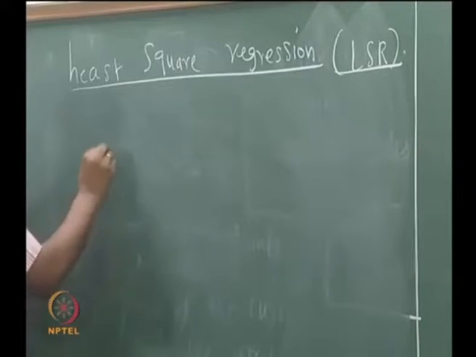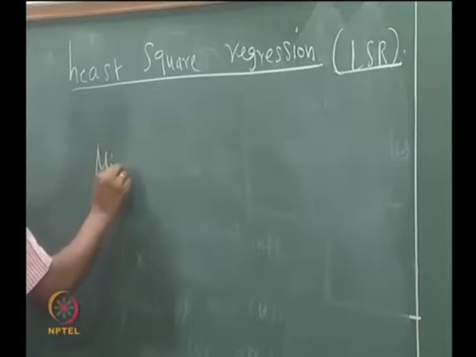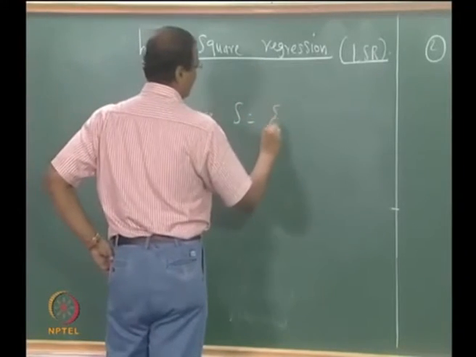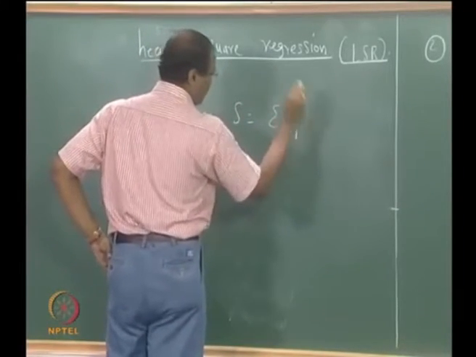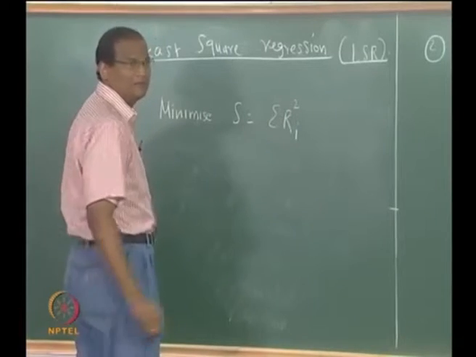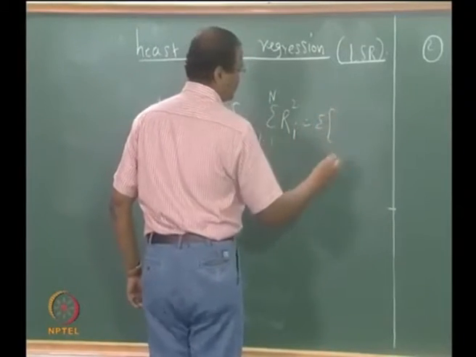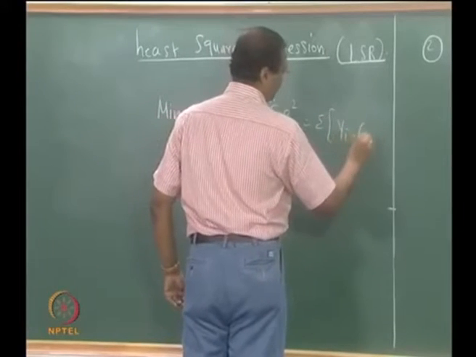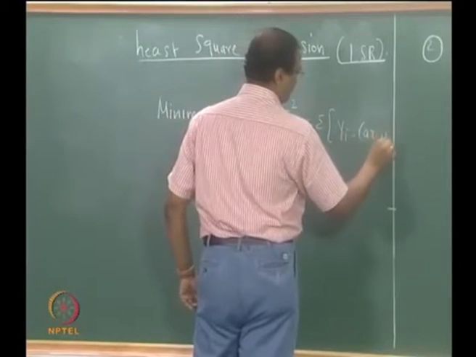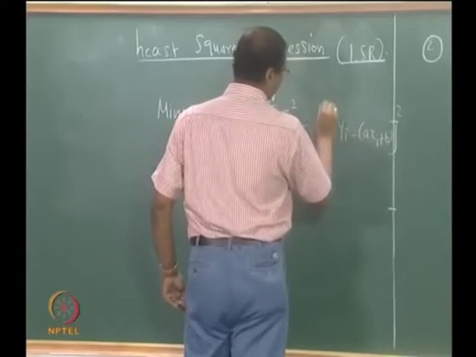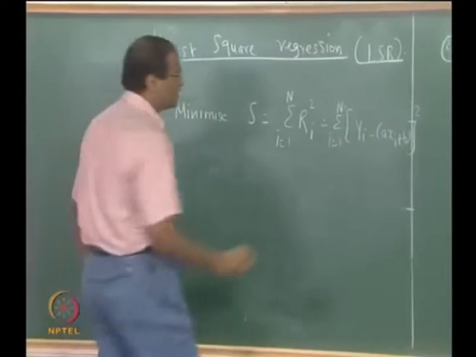So for the linear case, we will say minimize S equals sigma Ri squared. What is this?